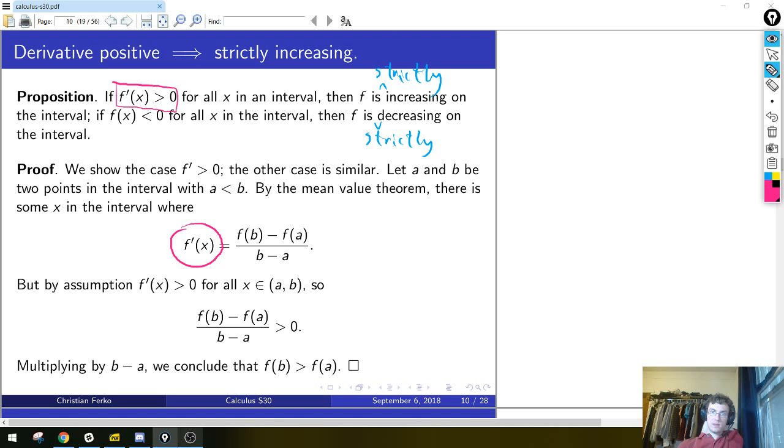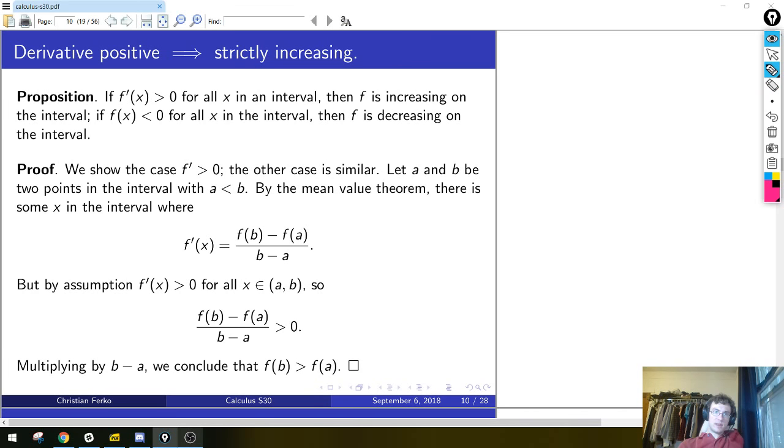Yeah, so as you figured out and corrected me very quickly, I should have said strictly increasing here, because the answer we got at the end was greater than and not greater than or equal to. But it's very straightforward to modify the proof to know when a function is just increasing. If you just want the function to be increasing but not strictly increasing, then you can weaken the assumption.